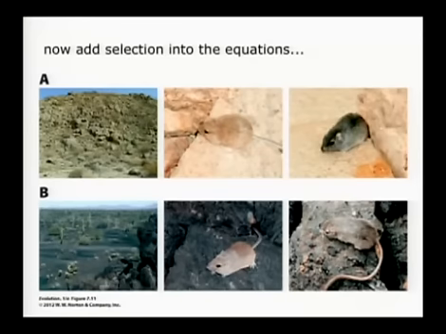Now let's start adding some of these evolutionary processes. So now let's add selection to the equation. Here's our standard mouse example. And these mice that live on lava, we would expect the tan-colored ones to get preyed upon more than dark ones. And so we would expect there would be selection in these two populations.